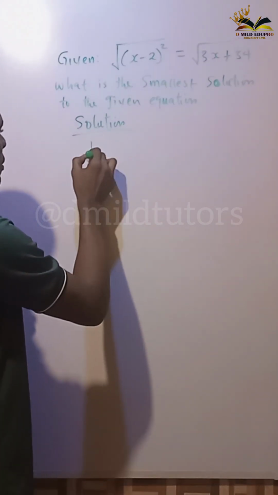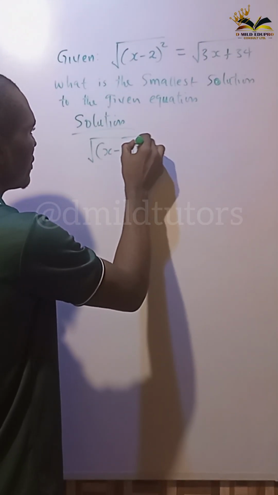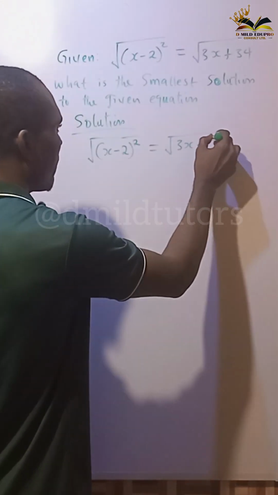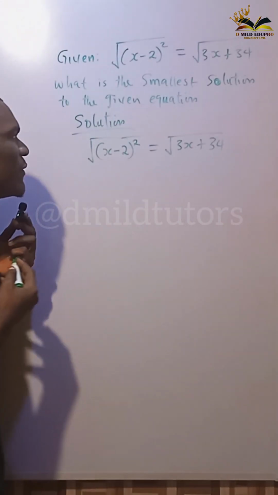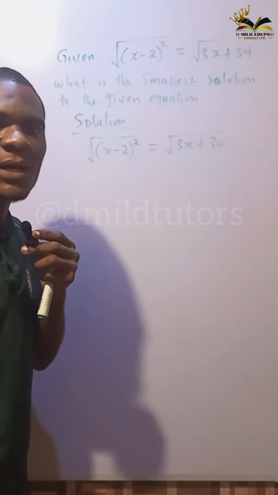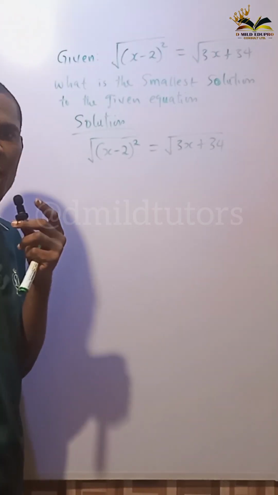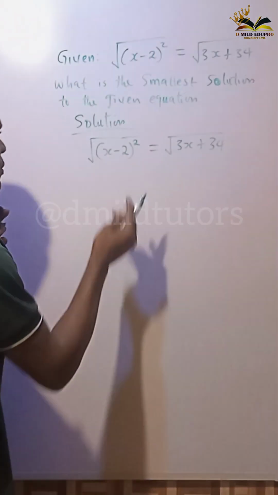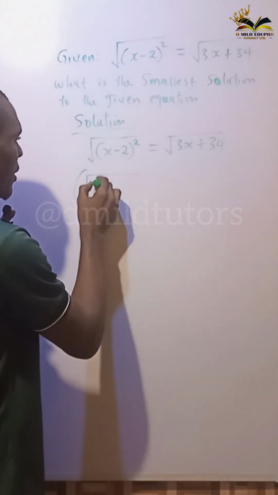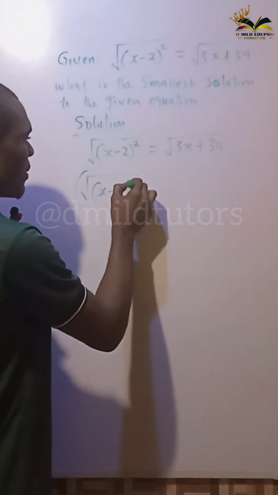We have the square root of x minus 2, raised to power 2, equals the square root of 3x plus 34. The first thing we need to do is to eliminate these radicals, and the best way to do that is to take the square of both sides. Don't forget this is x minus 2 raised to power 2 already.